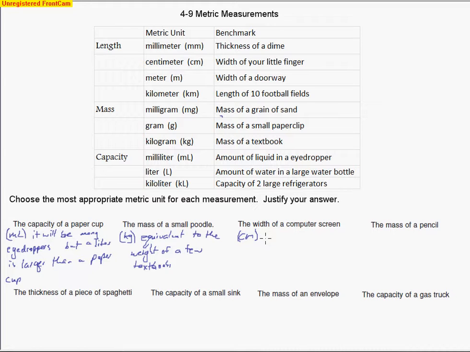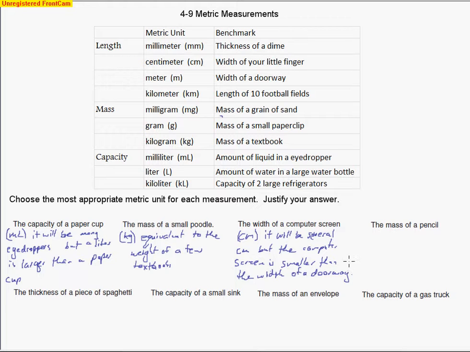And the main reason is, again, it will be several centimeters, but the computer screen is smaller than the width of a doorway.